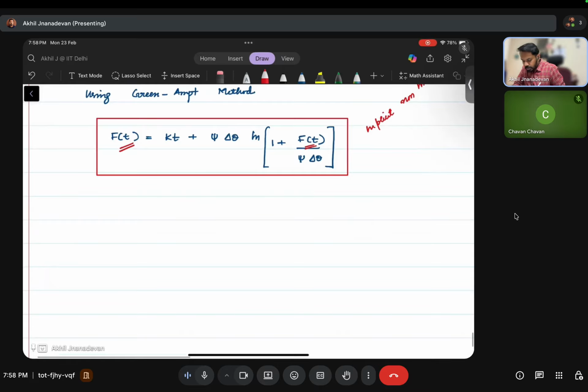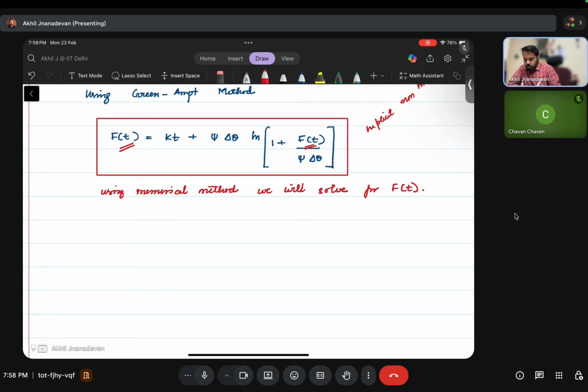So we will be using numerical methods to solve for F of t.